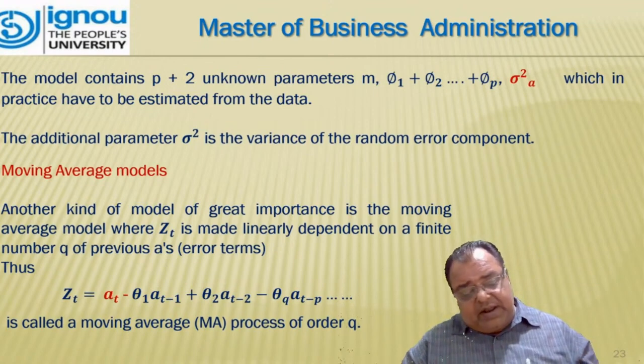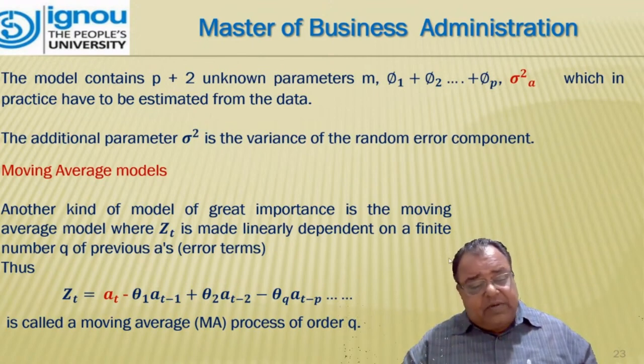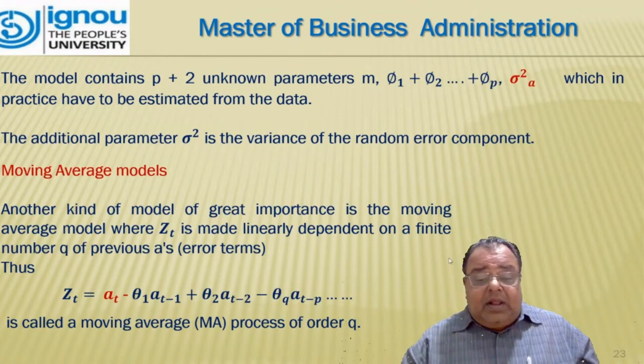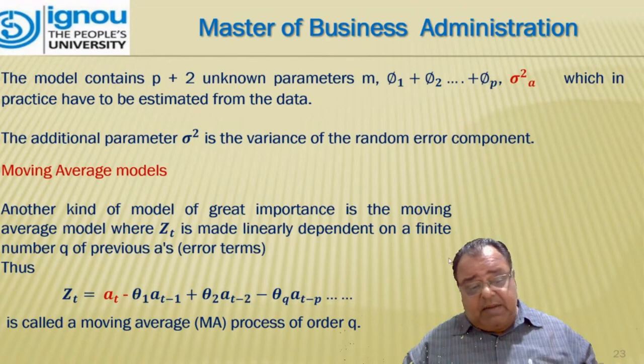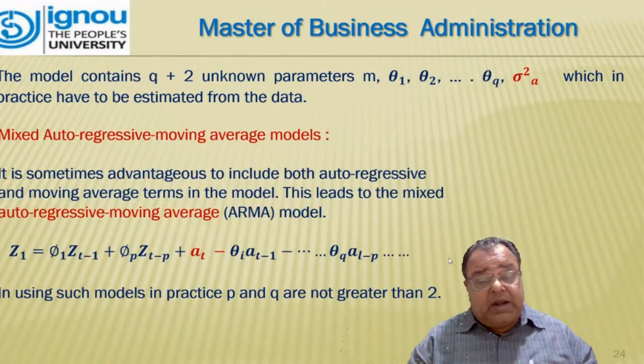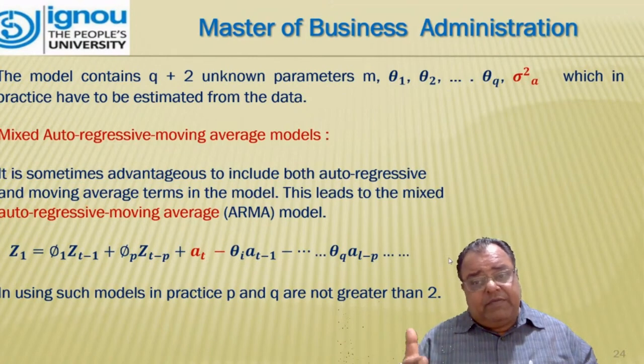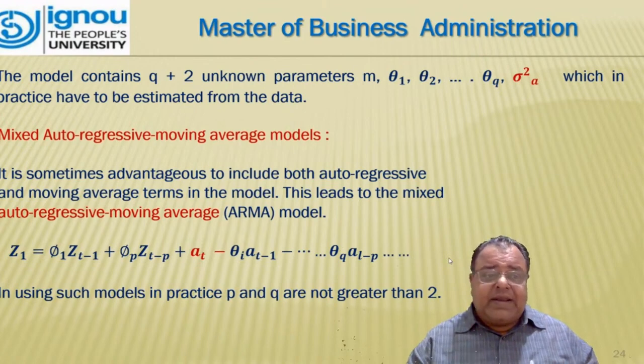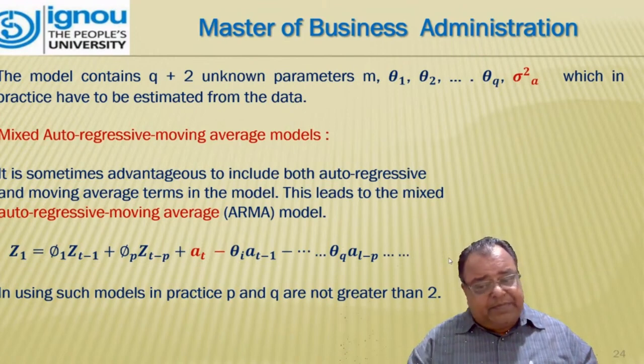That means we have another equation, that is zt is equal to at minus theta 1 at minus 1 minus theta 2 at minus 2 up to minus theta q at minus q, which is a moving average MA process of order q. The model contains q plus 2 unknown parameters, m, theta 1, theta 2, up to theta q, and sigma square a, which in practice has to be estimated from the data.